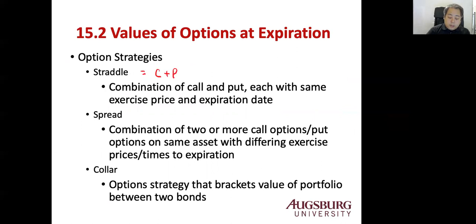And spread: we have one call and the other call, and you can go long and short in each. And collar: stock plus put minus call option. That's the collar.